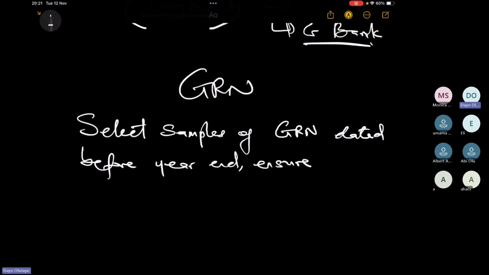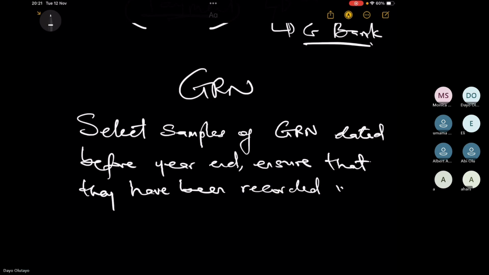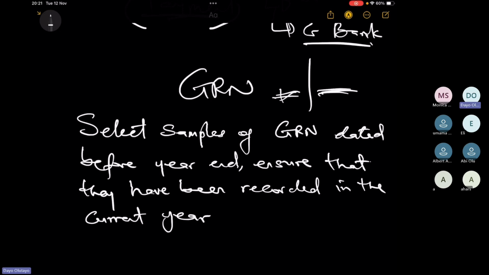Remember, when you select it, why? Because we want to ensure that they have been recorded in the current year. And like I told you, that is just one part. You need to write about the other part.